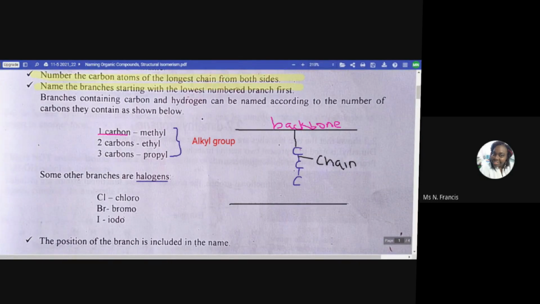I have my backbone, and my pendant hanging off is a halogen. If I have a chlorine hanging off, then that is now called chloro. That's the name of the pendant, the name of the branch. If it is bromine, then it is bromo. If it is iodine, iodo. The two most popular ones are chlorine and bromine.